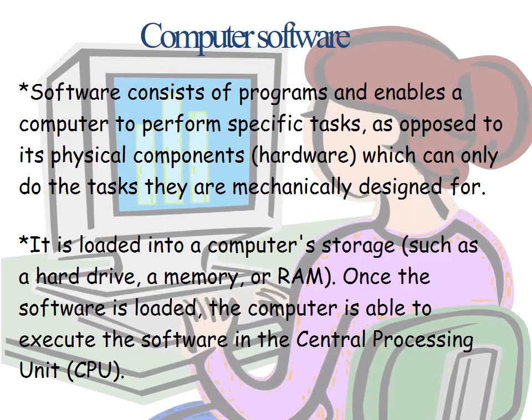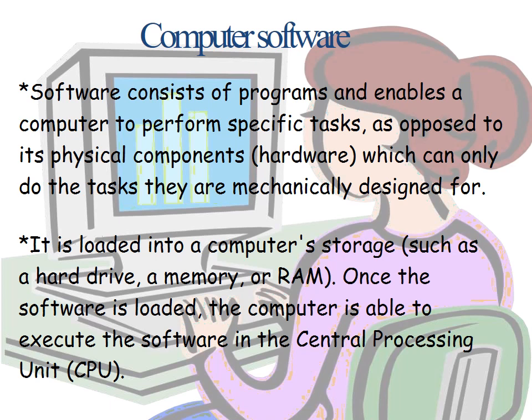Moreover, software consists of programs and enables the computer to perform specific tasks as opposed to its physical components. What are physical components? Hardware, which can only do the tasks they are mechanically designed for, like video player software can play, or you can watch videos with the help of that.